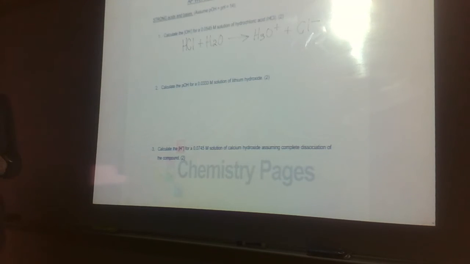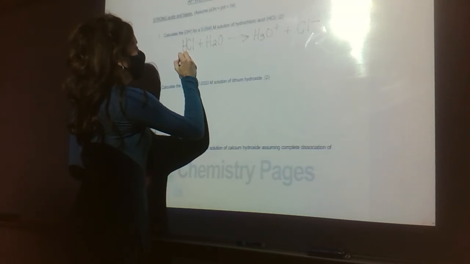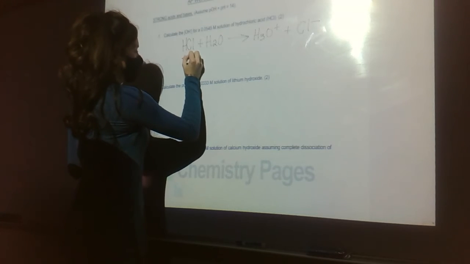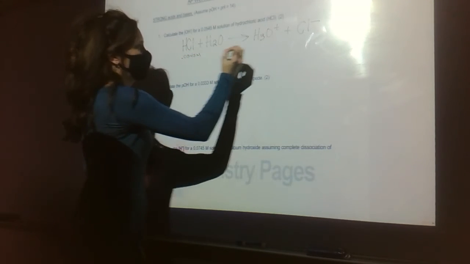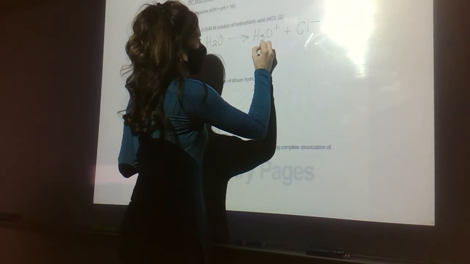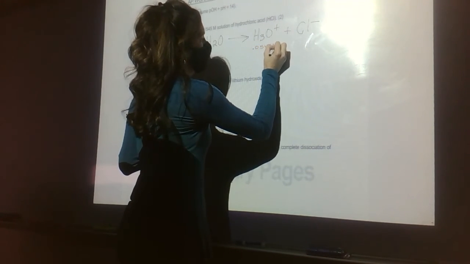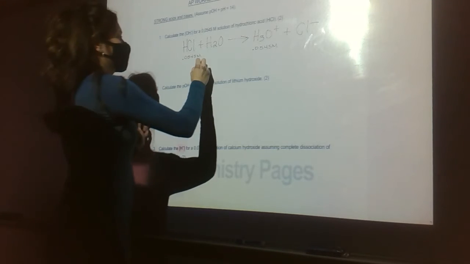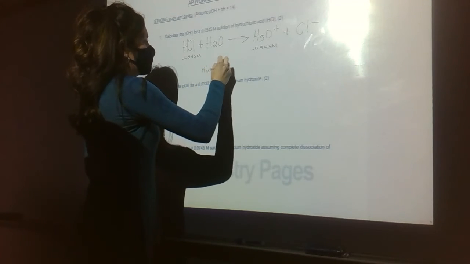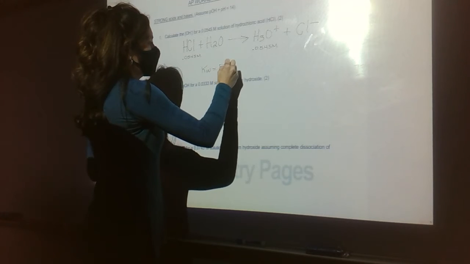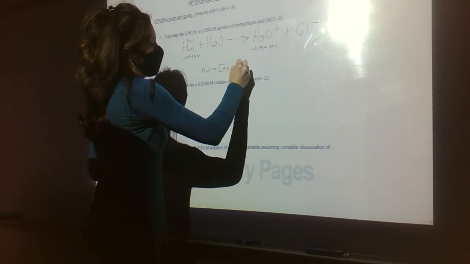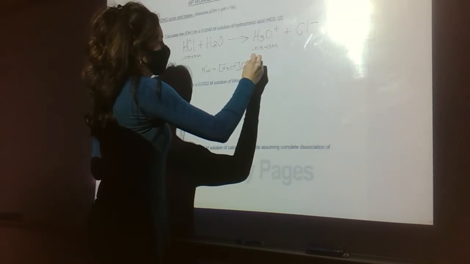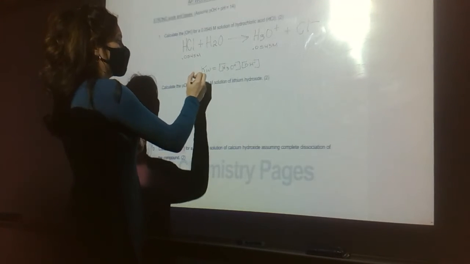So what you do is you say, okay, if this is 0.0545 molar, then so is this. 1-to-1 ratio. We know that Kw equals hydronium times hydroxide. Kw is a constant.